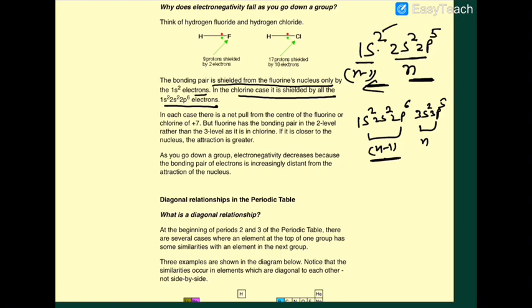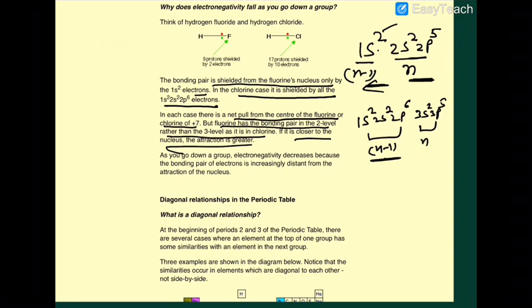So there is a net pull from the center of fluorine or chlorine of +7. But fluorine has a bonding pair in the 2 level rather than the 3 level as in chlorine, so it is closer to the nucleus. So in chlorine the nuclear attraction is comparatively less, but in fluorine the nuclear attraction is comparatively large. So effective nuclear charge is playing a very important part.